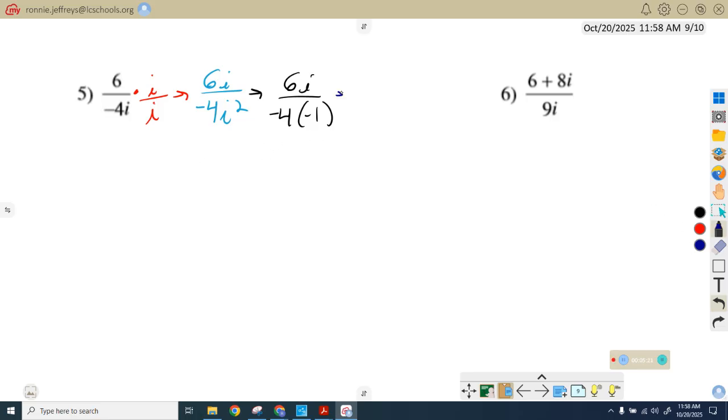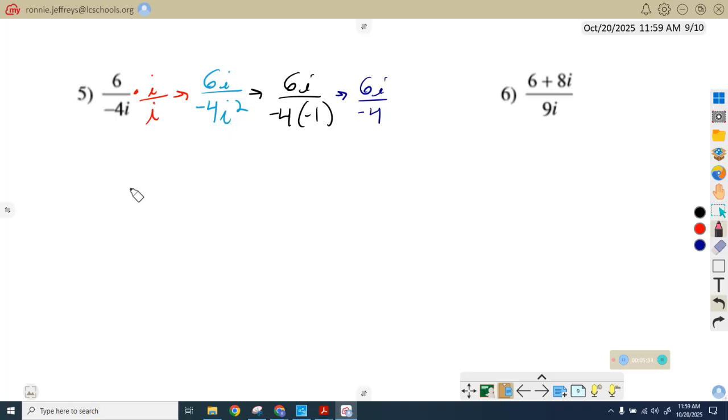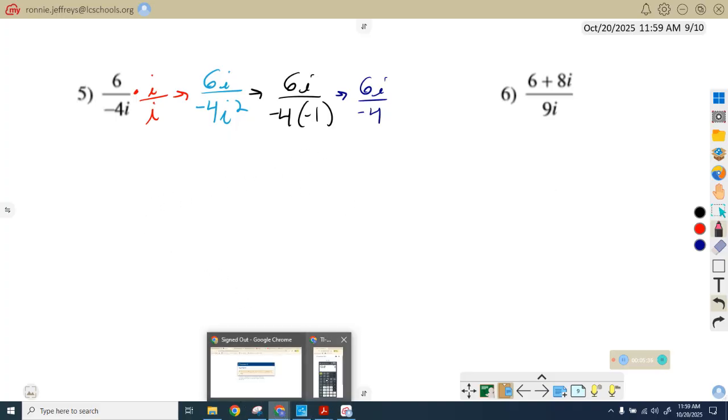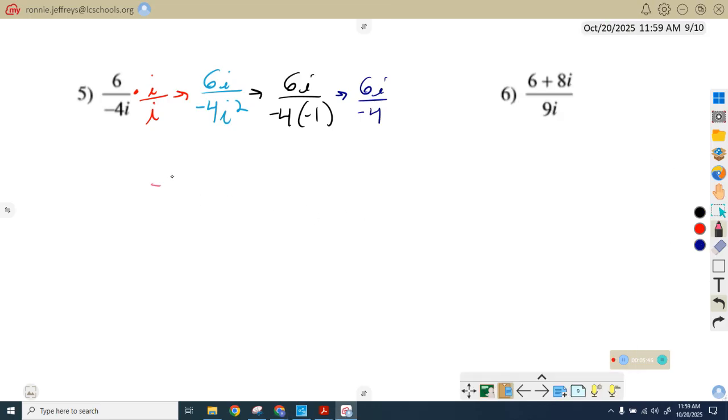All right. So 6 over -4. Well, this will become, let's see, where's my calculator? Aha! -6 over 3 over 2. 3 over 2.